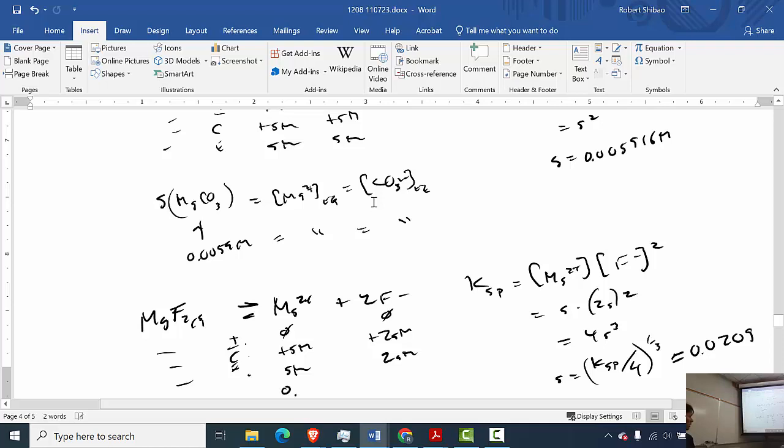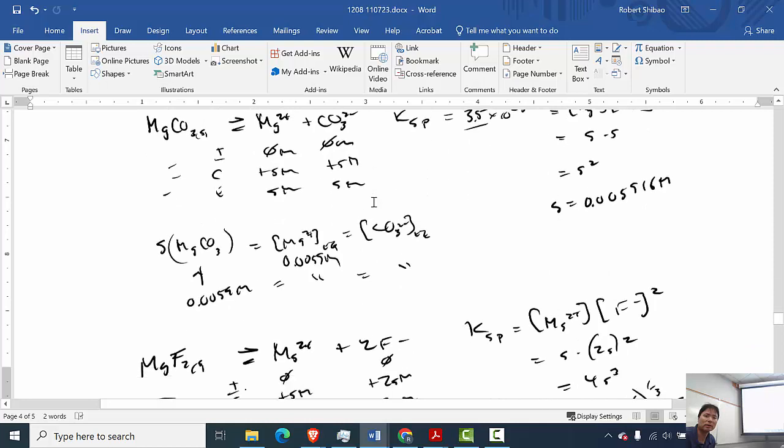To 2 sig figs, it'd be 0.021. And so it looks like that has this beat. This is 0.0059 molar. And so magnesium fluoride is quite a bit more soluble, even though its KSP was just slightly bigger.